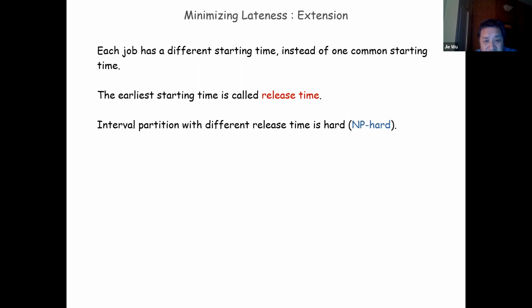And for this case, for each job, by default we assume that all jobs are available at the beginning, so you can schedule anytime. But in reality it's not, because sometimes a job has a start, which we call the release time. For example, I assign some student to do work, and today they say, sorry, the job is not ready.